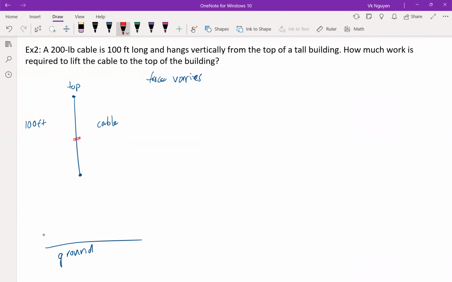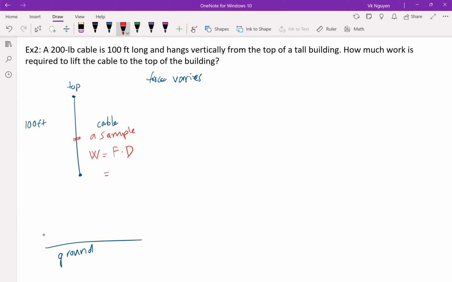A sample. Work done on the sample is force times distance. The force here is the force on this sample.